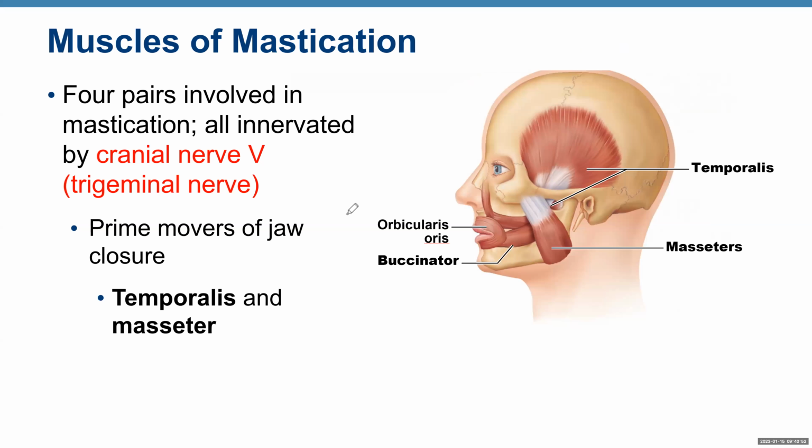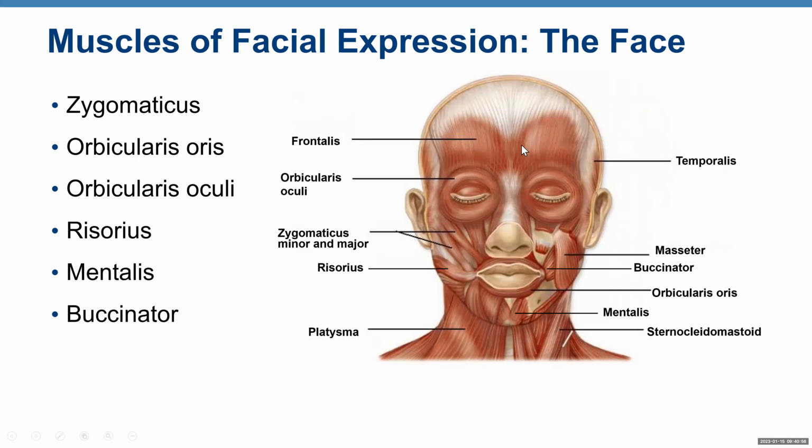Orbicularis means it's a circular muscle around your eye, oculi. So here's the eye over here, and it's responsible for closing your eye.